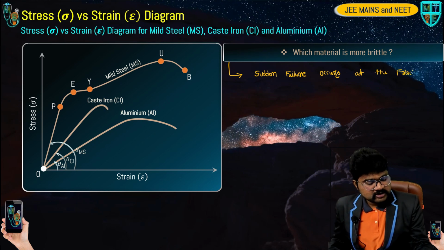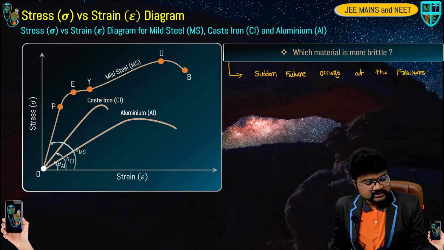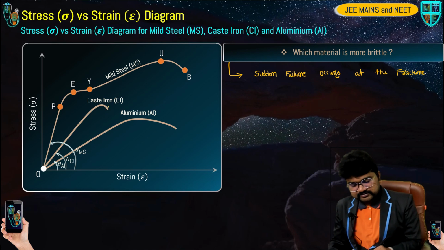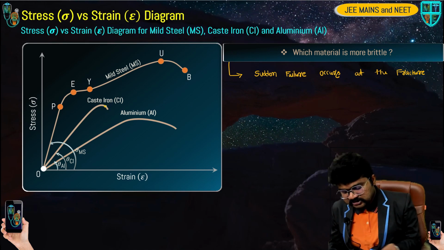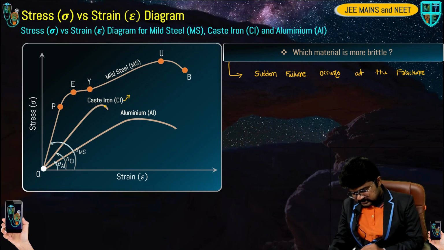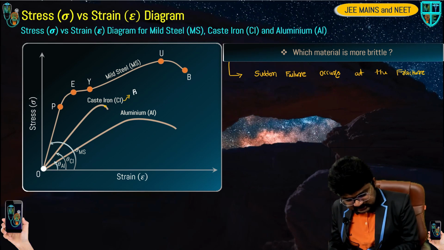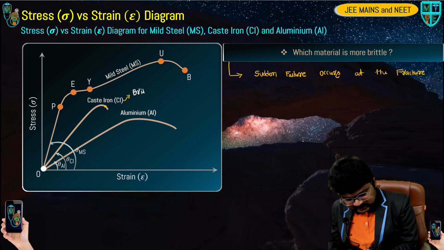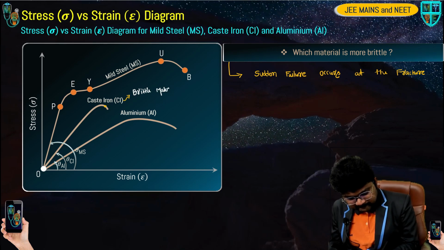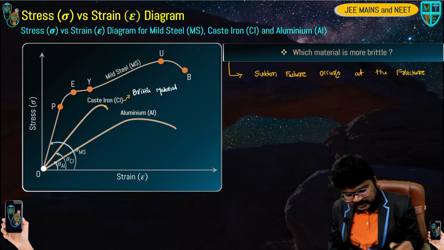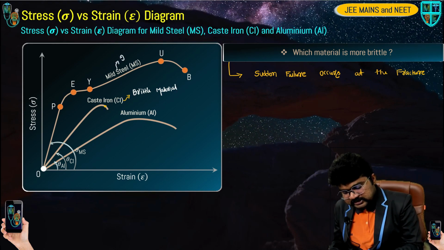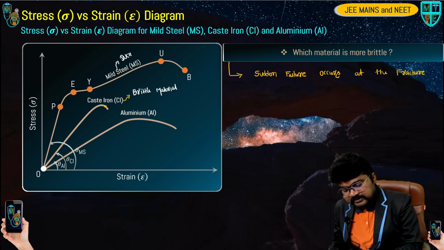Those materials are called brittle materials. Sudden failure in the sense lesser plastic deformation, so very little. So this is brittle material. And this is the ductile material, where it is not a sudden failure.